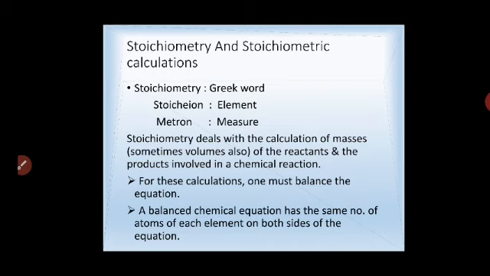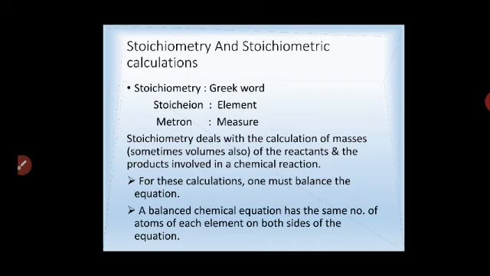Stoichion means element and metron means measure. So measurement of element. Now this is in terms of atoms or molecules or mass or, very simple, mole. So this gives the idea how much mole of any element is required as a reactant, or how much mole of product is formed during the reaction.